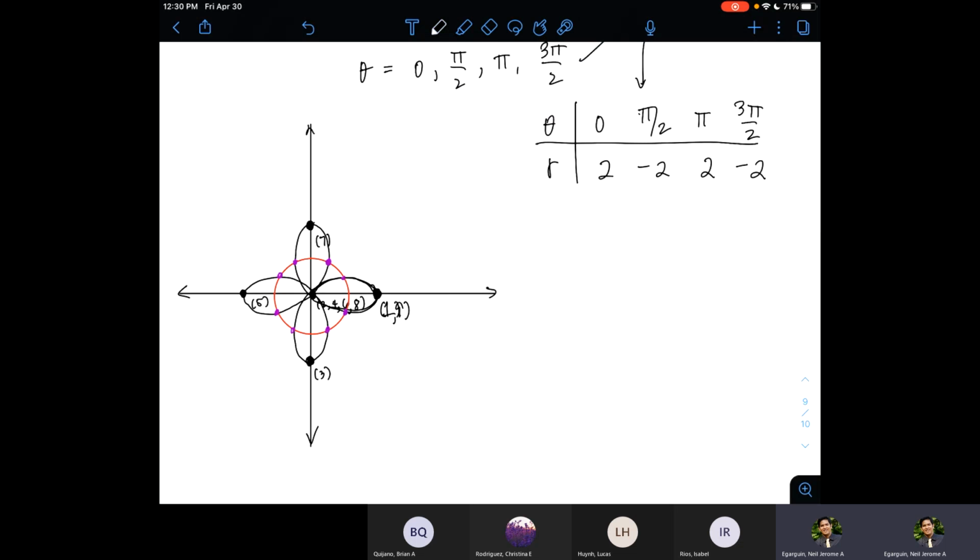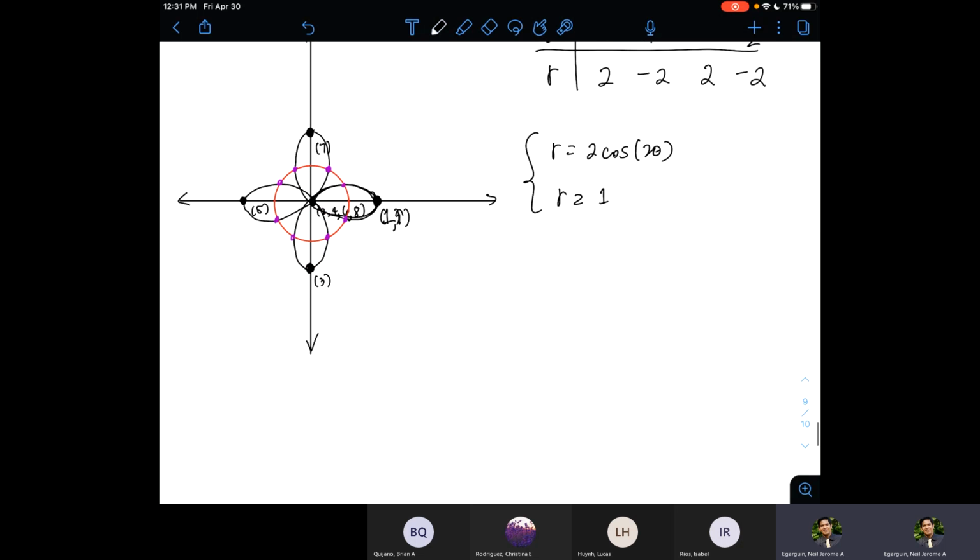But if you just equate the two r values together, remember we have r equals 2 cosine 2 theta, and r equals 1, right? These are two equations. If you put them equal to each other, you get 2 cosine 2 theta equals 1. What we get is cosine 2 theta equals 1/2.